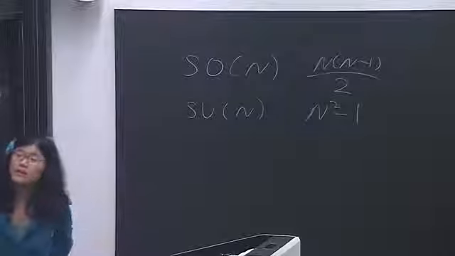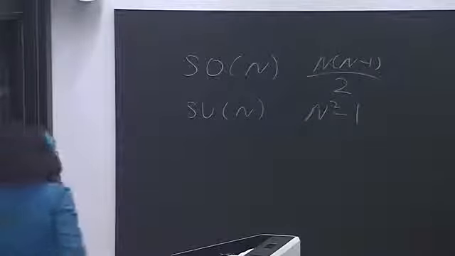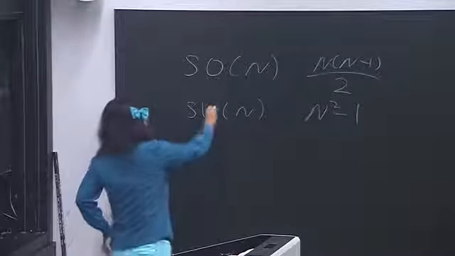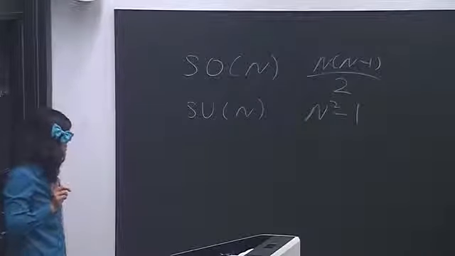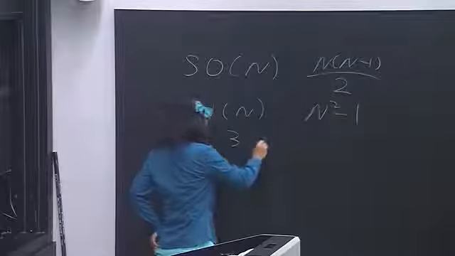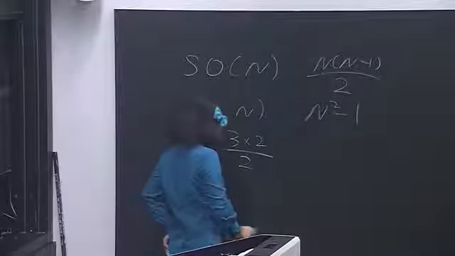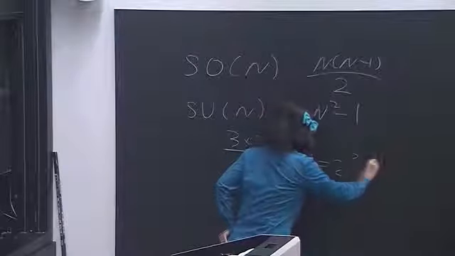And that's the most important thing to remember from this class. And we'll come back to structure constant tomorrow. But I want to point out this fun fact is that 3 times 2 divided by 2 is 3, which is also equal to 2 squared minus 1.